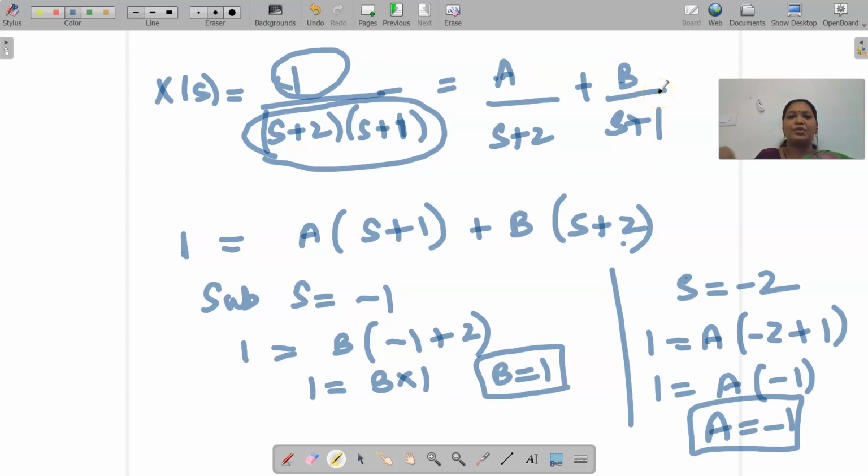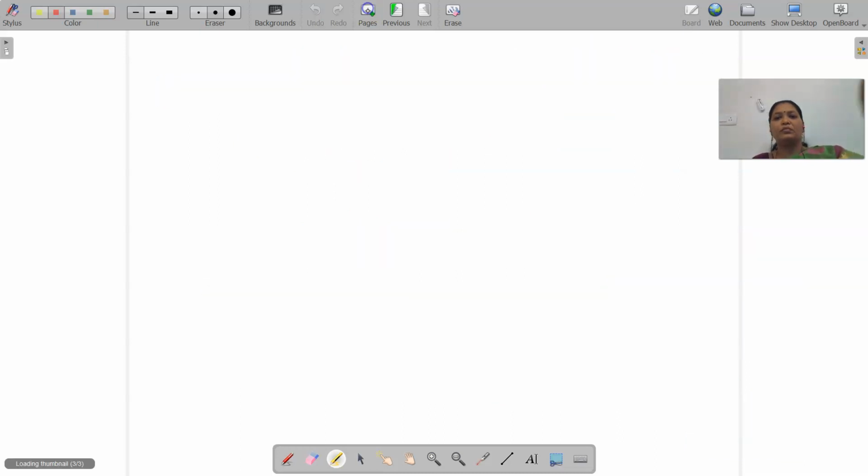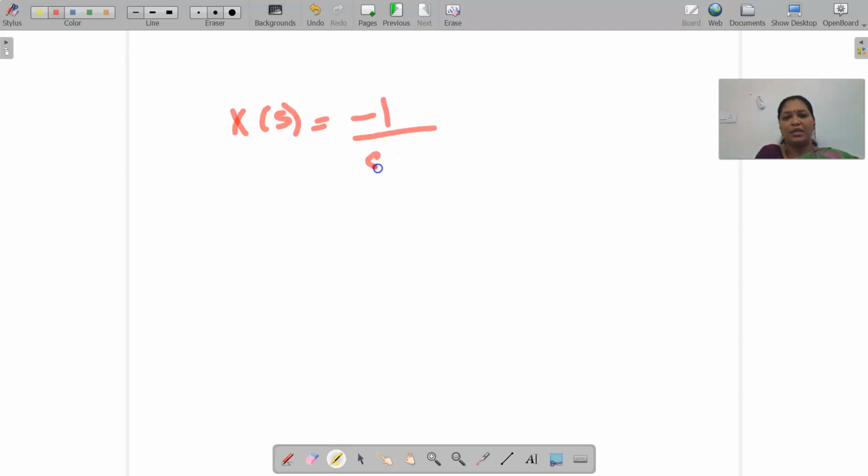Substitute in the given equation x of s. So for your reference, I will write, this a you have determined as minus 1, this b you have determined as 1. So x of s is minus 1 by s plus 2 plus 1 by s plus 1.